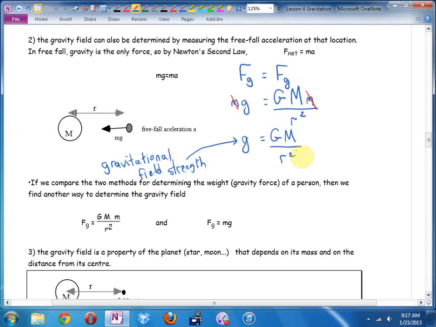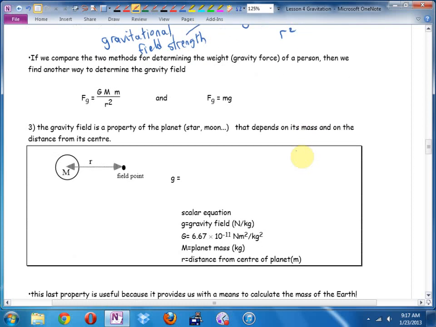We'll talk about how you do that. R is the radius of whatever planet you're dealing with, which can be figured out from telescopes and observations. And, you can figure out what the gravitational field of that planet is before you get there. So, gravitational field strength is big G, big M over R squared.